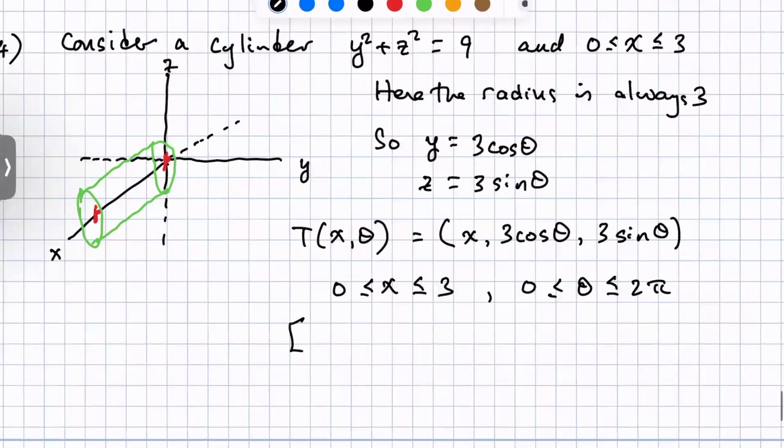If you don't want to repeat the use of x, you can always write T of u, theta. That's also okay: u, 3 cosine theta, 3 sine theta.